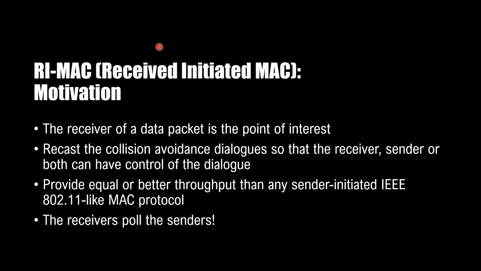But in the case of wireless networks, the state or environment at the receiver's end might be completely different compared to the sender. So it is very difficult for the sender to understand whether there is a collision at the receiver or not, which is one of the prime problems of wireless communication. So the receiver of a data packet is actually the point of interest.